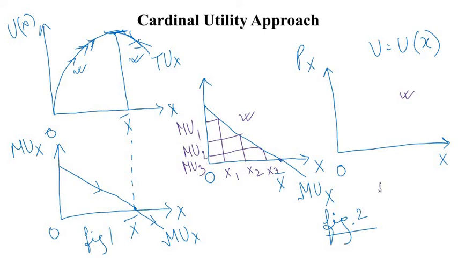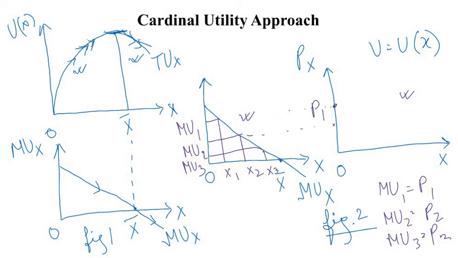Now we know that marginal utility is equal to the price level. So at MU1, the price of the commodity is P1, at MU2 it is P2, and at MU3 it is P3. So if we rightly draw them, this is P1, this is P2, and this is P3 for X1, X2, and X3, right?